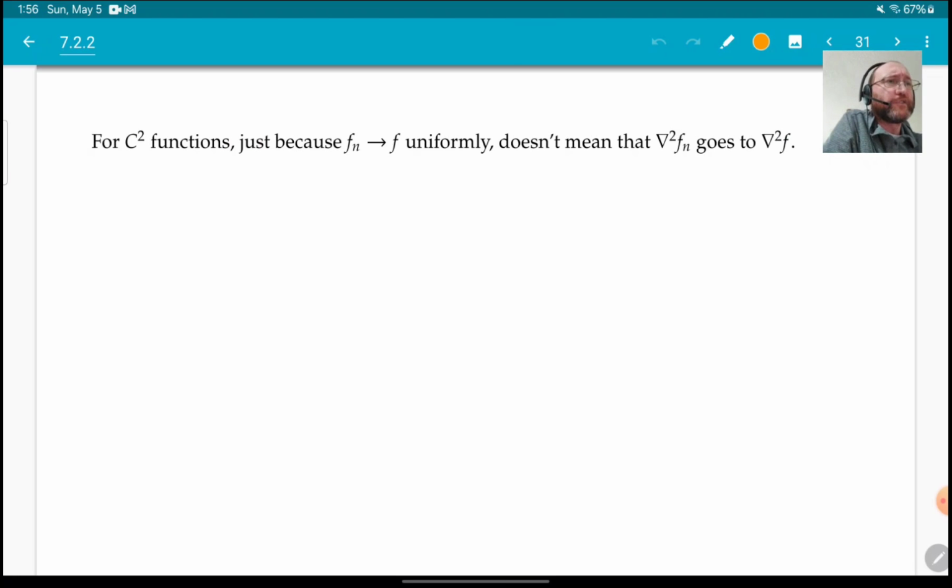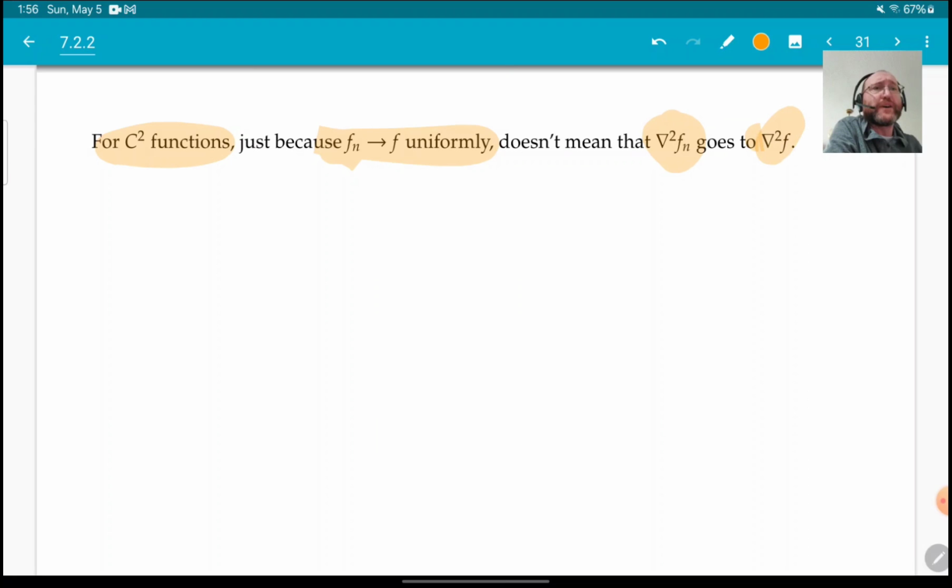Let's look at some applications of this. The first application of the mean value property, or one of the more useful things about writing a condition as an integral instead of in terms of derivatives, is that normally if I have some C2, twice continuously differentiable functions, and I have a uniform limit, I can't just say that the Laplacian applied to this sequence is equal to the limit, Laplacian of the limit.